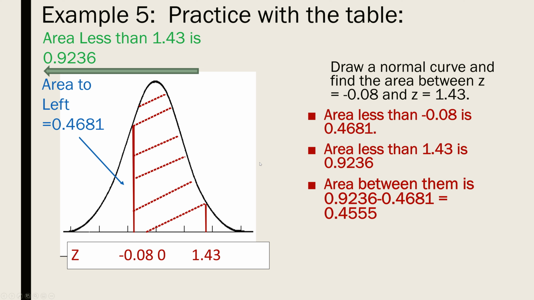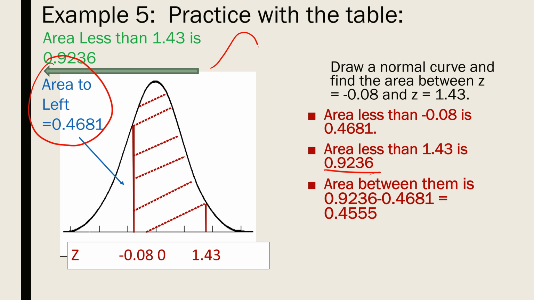This is a more challenging question. For a normal table, we can have the area to the left equals this number. And remember from the first example, the area less than 1.43 is this number.